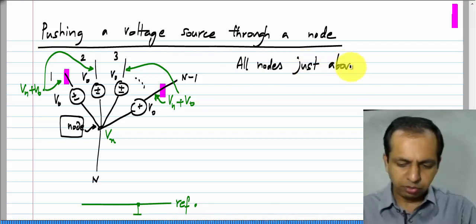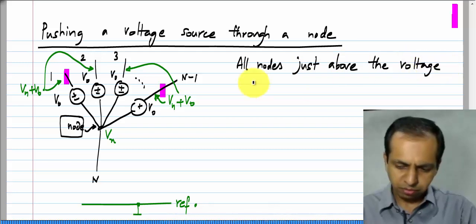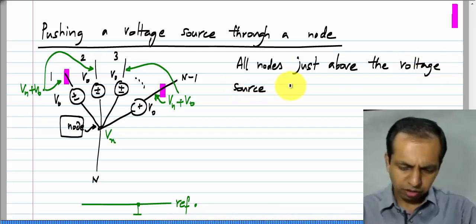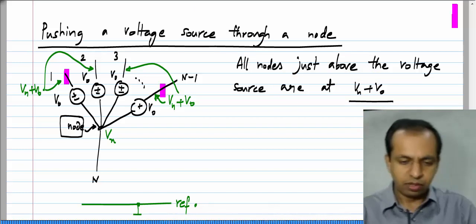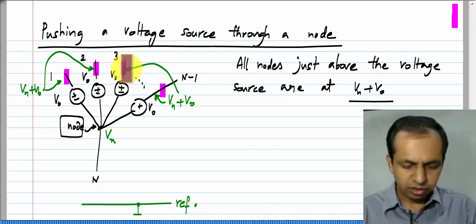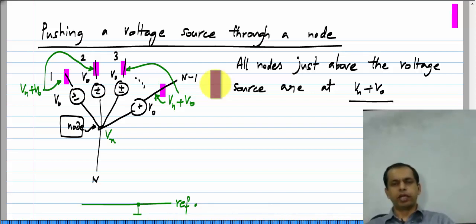So, all nodes just above the voltage source are at V n plus V naught. That means all these nodes are at exactly the same voltage. Now, it turns out that if you have different nodes with the same voltage in a circuit, you can connect them together with a wire without altering anything else in the circuit.